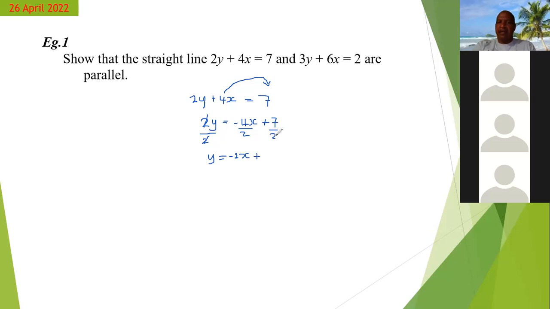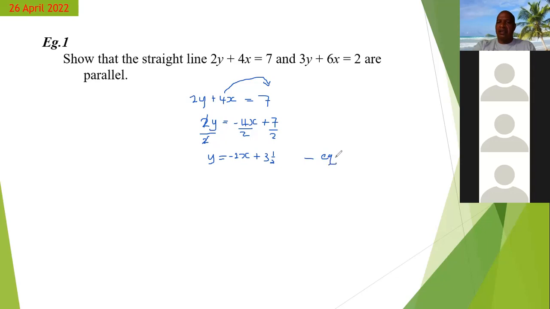If you leave it as a mixed number, 2 into 7 goes 3 times, and the remainder is how much? 1, sir. And then you put that 1 over 2. All right, so that would be in the general form now, y equal mx plus c. This we would refer to as equation 1.